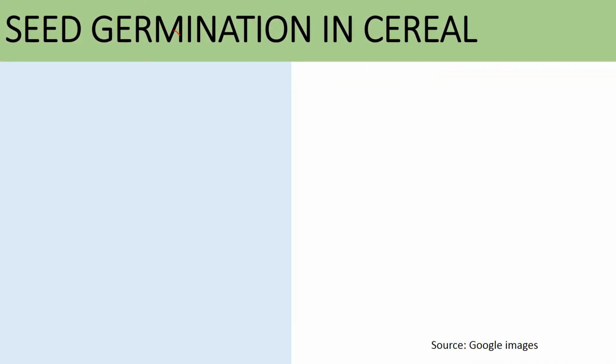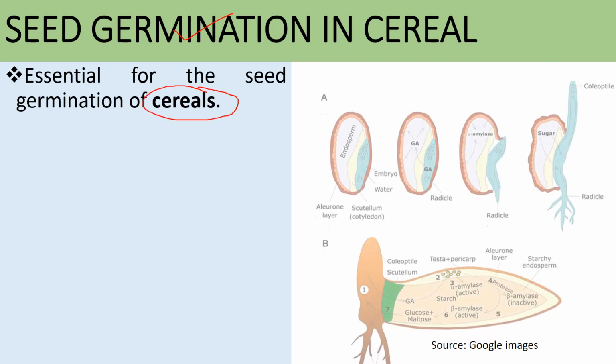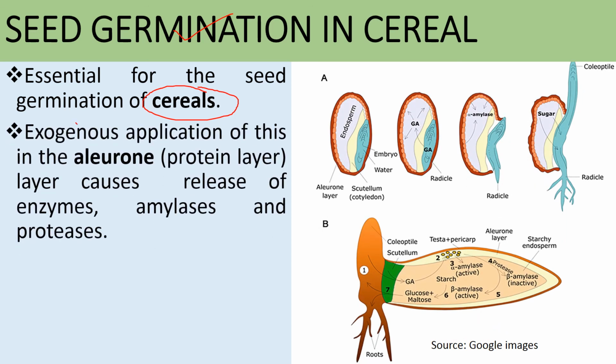Next is seed germination in cereals, which we have already discussed. GA is essential for the germination of seeds in cereals. Its exogenous application stimulates the aleurone layer and causes the release of certain enzymes like amylases and proteases. So GA activates certain enzymes in the aleurone layer, like alpha amylases and proteases, which break down starch and proteins into solubilized forms, for example glucose and maltose.